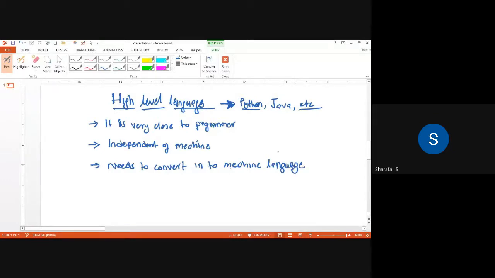So it has to convert into machine language because it is independent of this machine.